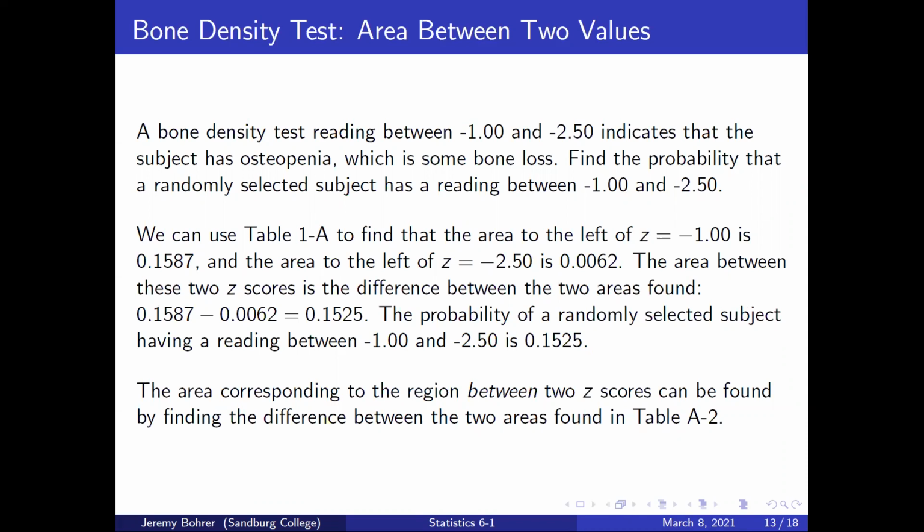The area between these two z-scores is the difference between the two areas found. 0.1587 minus 0.0062 is 0.1525. The probability of a randomly selected subject having a reading between -1 and -2.5 is 0.1525. The area corresponding to the region between two z-scores can be found by finding the difference between the two areas found in table A2.